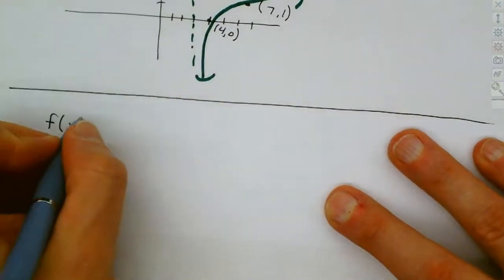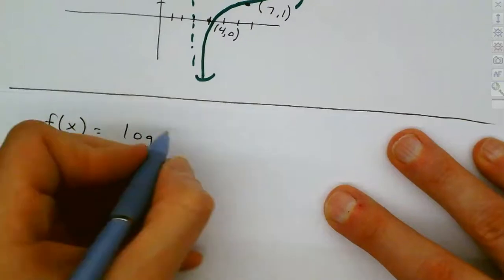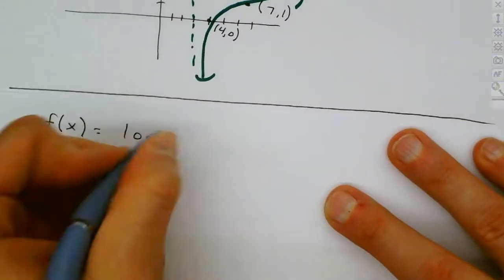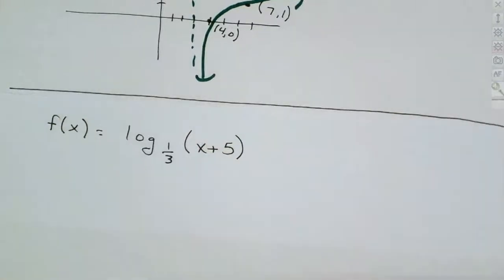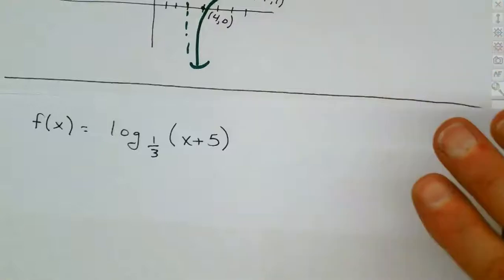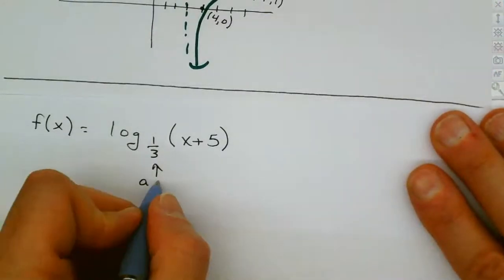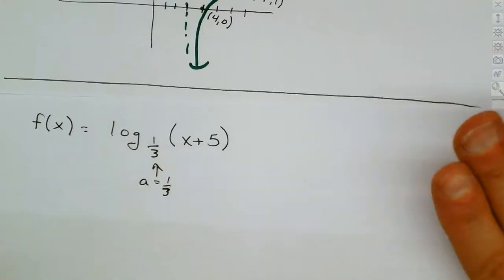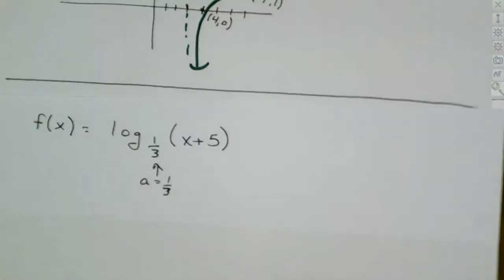So if f of x equals log base, let's say 1/3 times x plus 5, what would that graph look like? Well, my base here is 1/3. So that's my A. Now, what do we know about A? Okay, A is between 0 and 1. It's a fraction. So my picture is going to look like this.